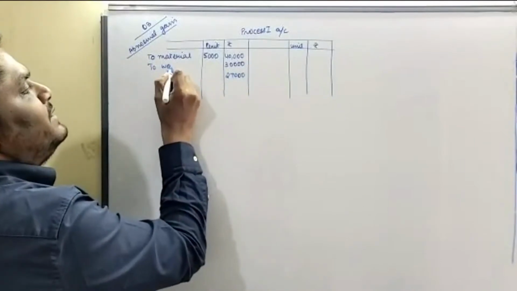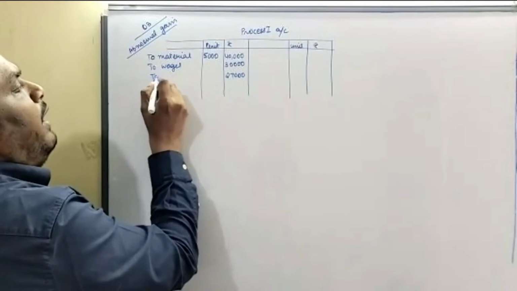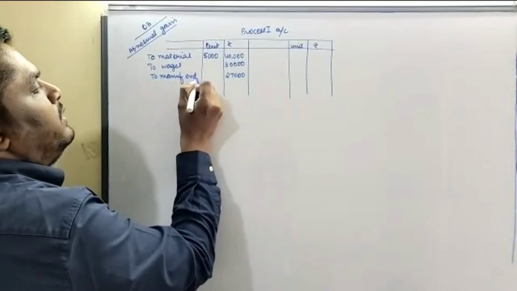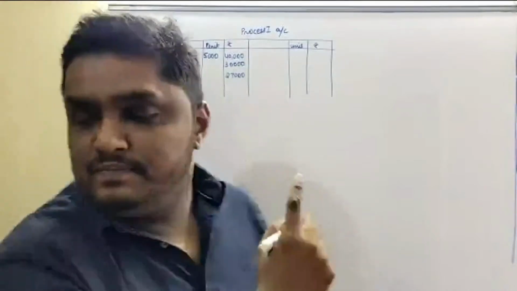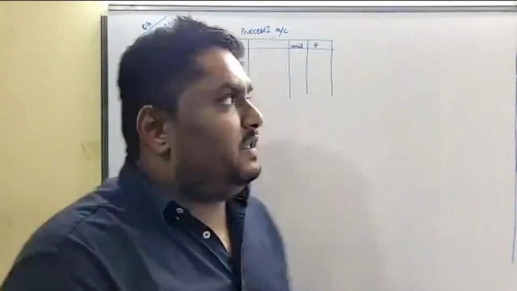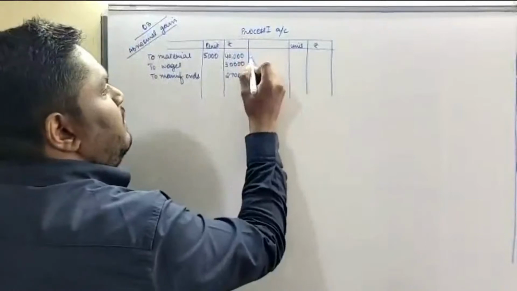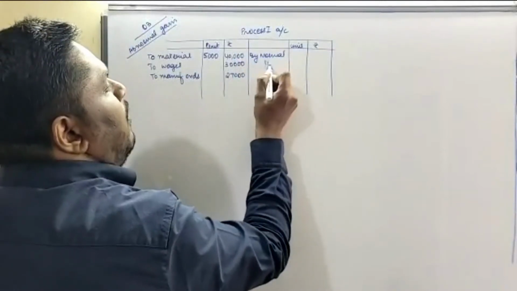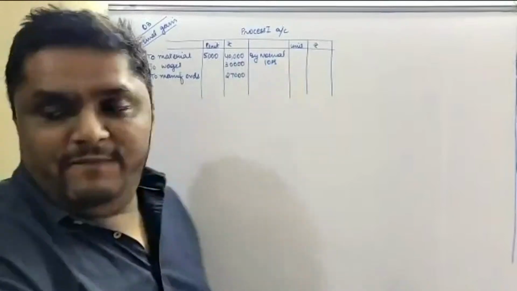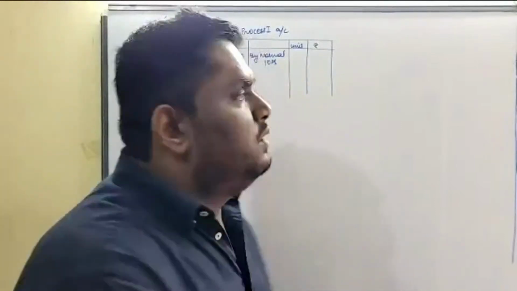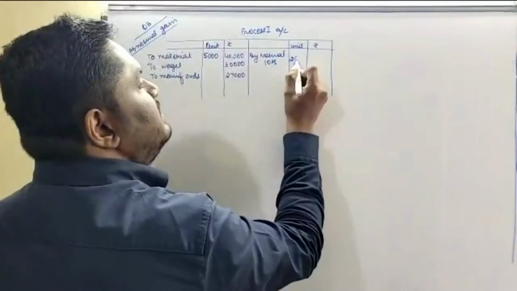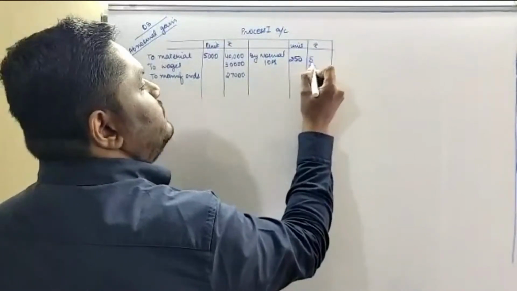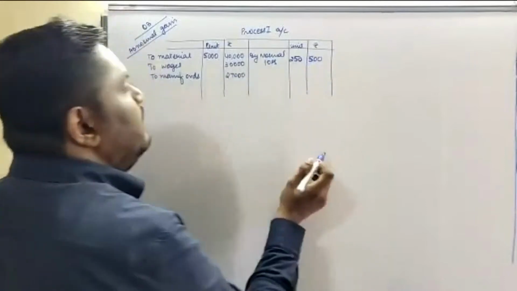So 2 wages and 2 manufacturing overheads. Further, it is given in the question that normal loss is 5% of input. So that is 250 units. And the scrap value realized is rupees 500.